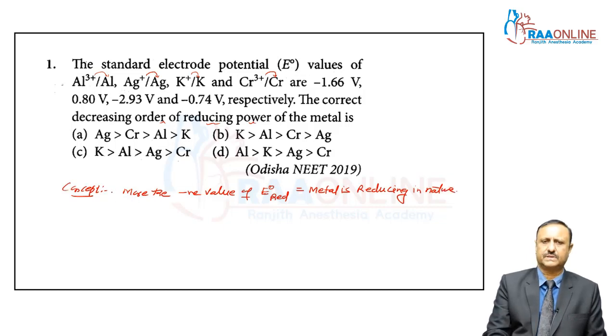So this is the concept, my dear students. Here you can see lithium. Lithium has minus 3.05 volt, and it is the strongest reducing agent.